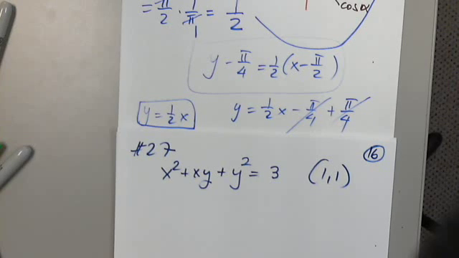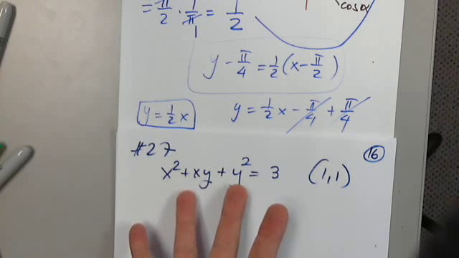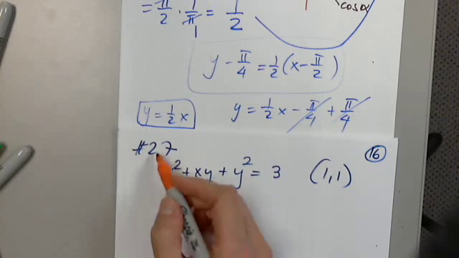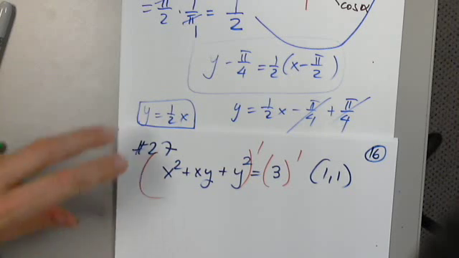Okay, so we're asked to find the equation of the tangent line to the graph of whatever this is at 1, 1. How do I start? I differentiate both sides. But remember, x is what? A variable. But what is y? A function. Good.